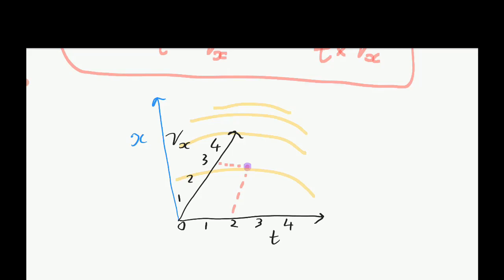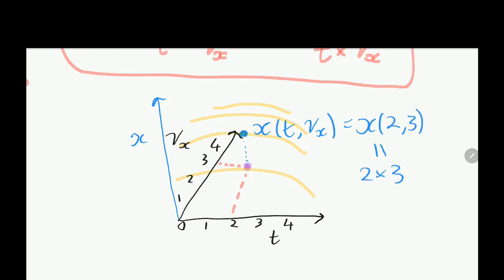In particular, if we pick any point, say this one here, where we have t equals 2 and vx equals 3, and then we draw a vertical line up to the surface, that's going to meet the surface at the point x of t comma vx, or in this case x of 2 comma 3, which is going to be 2 times 3, and we won't worry about units at the moment.